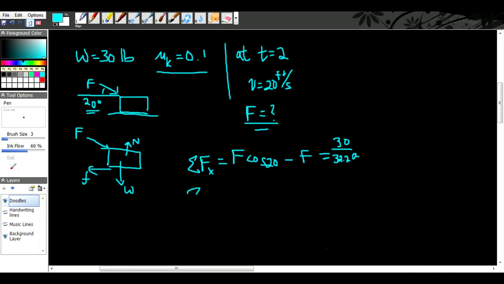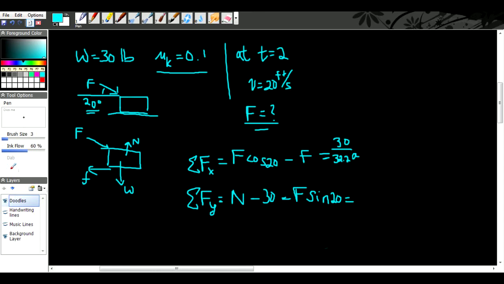Now the sum of the forces in the y direction is equal to the normal force, which is up, minus the weight, which is down, and we know the weight is 30 pounds, and minus the force downwards, so minus force times sine of 20.